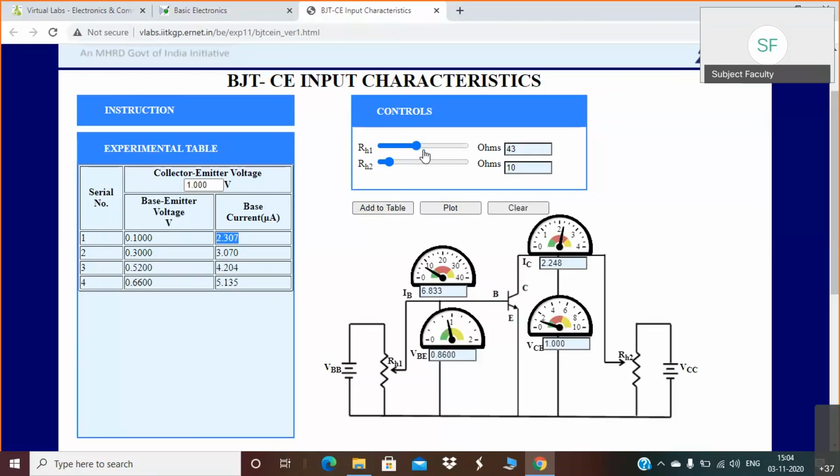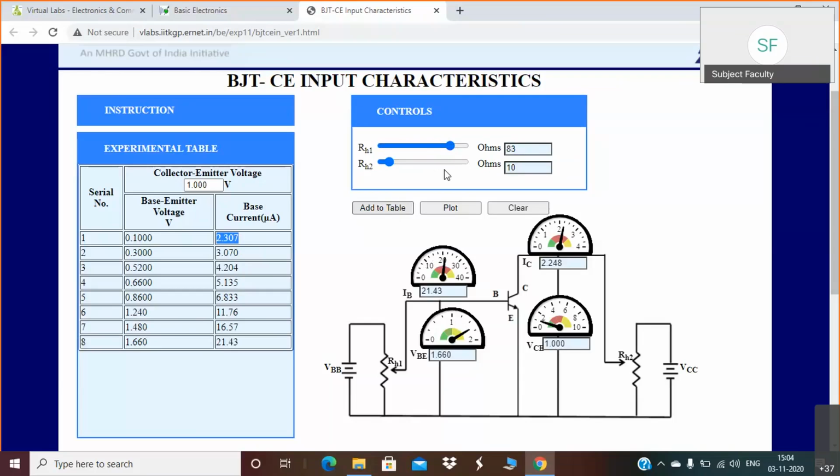You have to just vary that knob and click on add to table. So these many readings I have taken, 9, and the last reading is, let's say, 10. You can keep uniform steps also here. Okay, but now I have taken it in random steps.